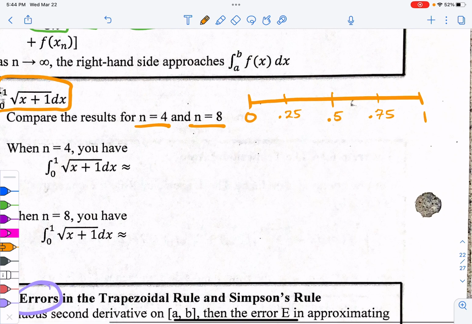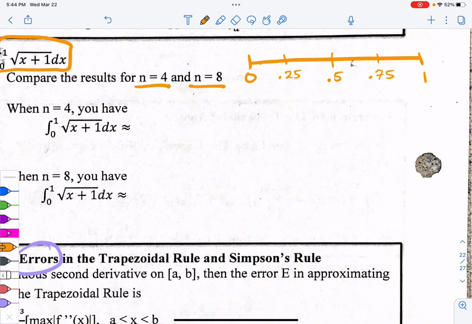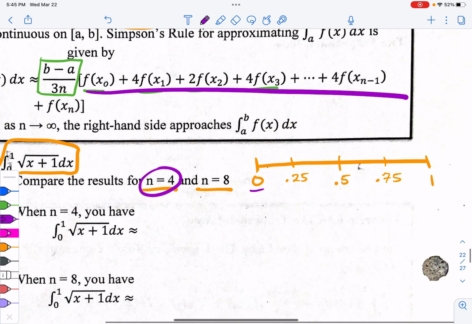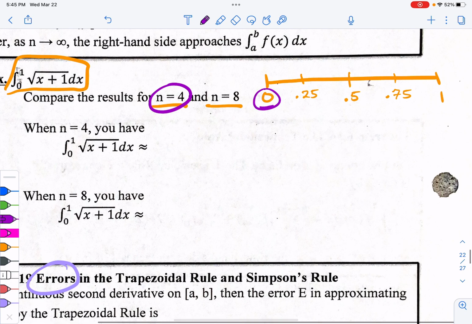All right. So there is that. Now, again, when we're doing this, even though we have 4 chunks, 1, 2, 3, 4, we have 5 numbers that we will end up plugging in. So whatever the n is, you will have 1 more than that when you're plugging those in. Okay, so we will do 0 first, then 0.25, then 0.5, then 0.75, then 1.